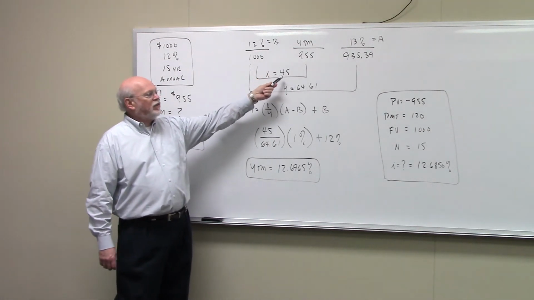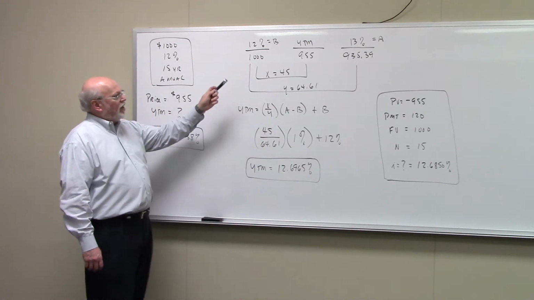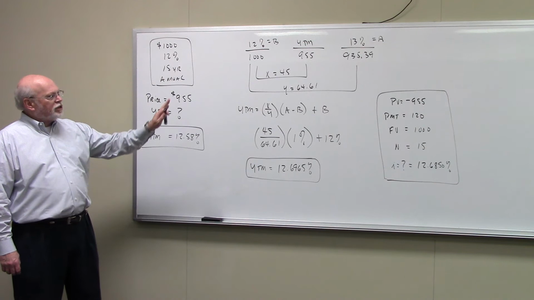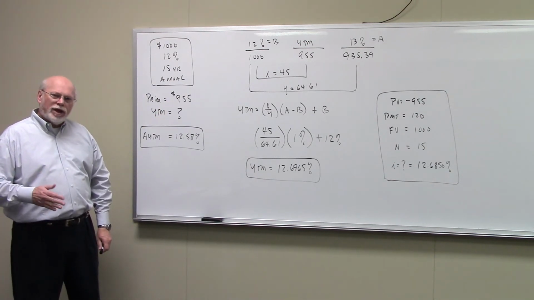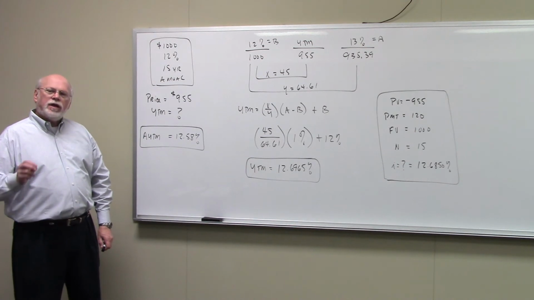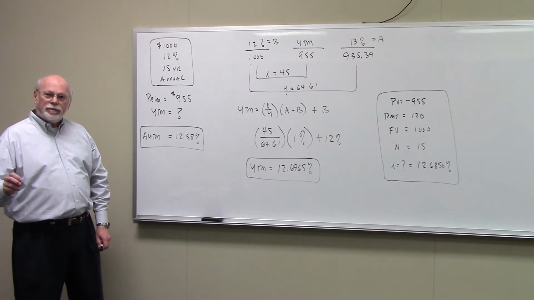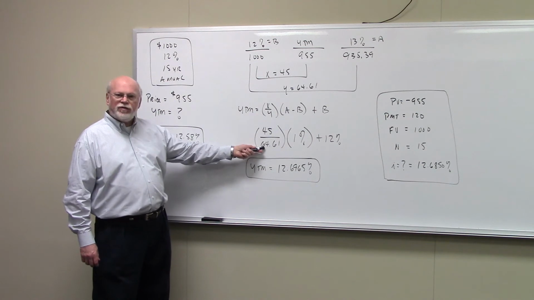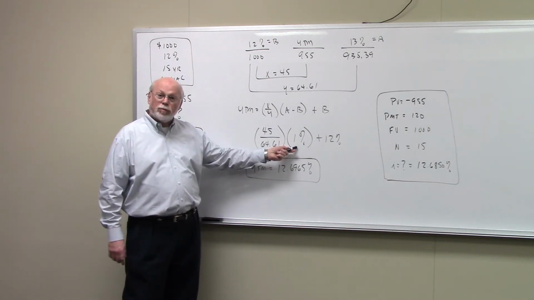1,000 minus 955 gives us X, which is 45. 1,000 minus 935.39 gives us Y, which is $64.61. When you interpolate whatever it is you're looking for, in this case the yield is going to be equal to X over Y times (A minus B), plus B. X is 45, Y is 64.61, A minus B is 1, or 1%.